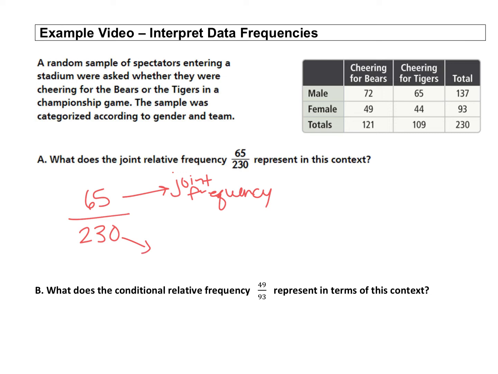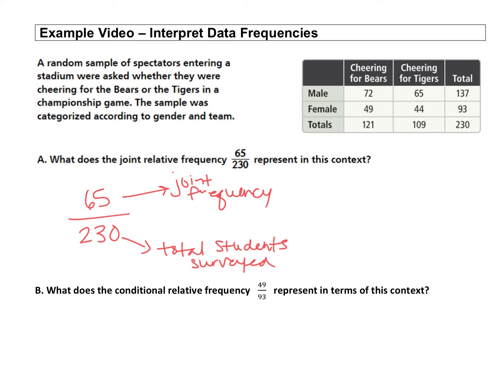This 230 is our total right here of the total number of people surveyed. So I guess these are students. Total students surveyed. So what does that joint relative frequency mean in this context?